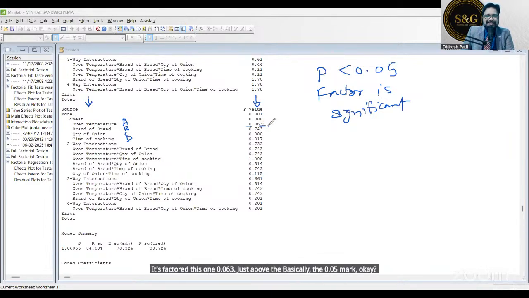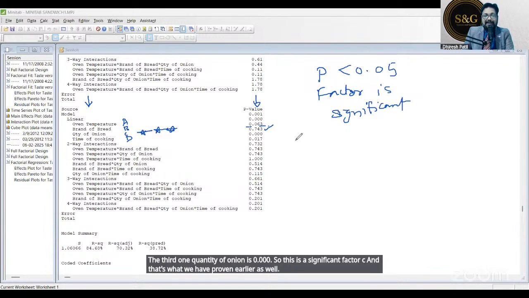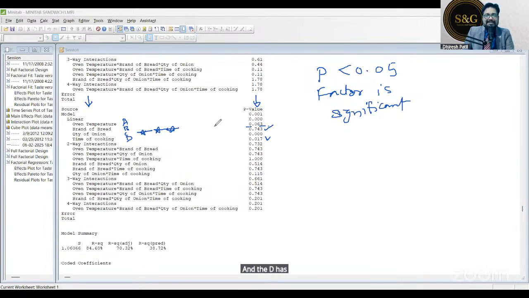Second is B, brand of bread, which is 0.743. The third one, quantity of onion, is 0.000. So this is the significant factor, C, and that's what we have proven earlier as well. And D has 0.017. This also we have seen earlier.